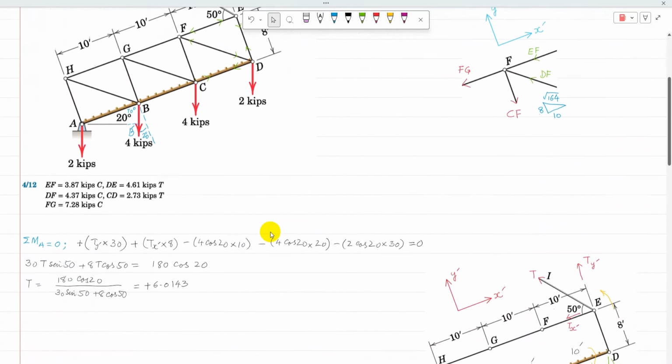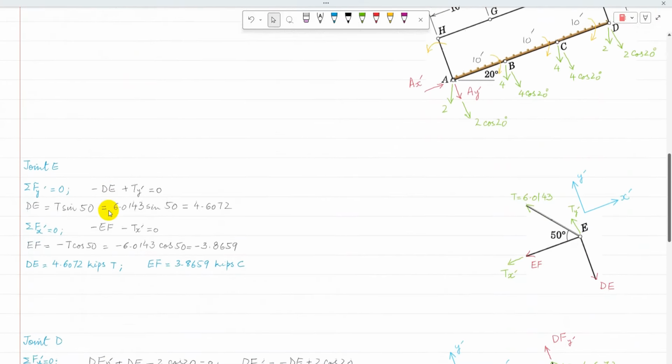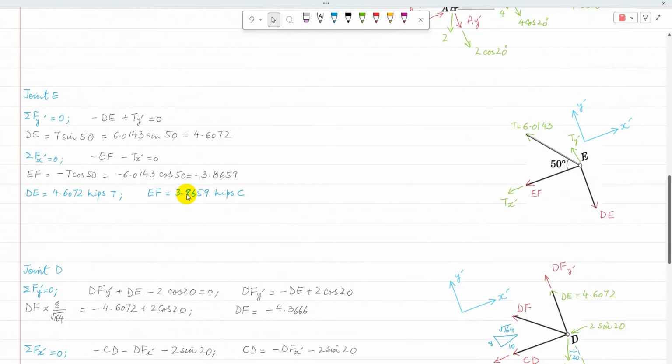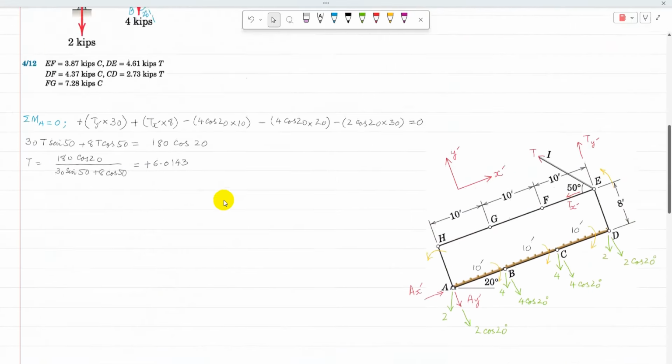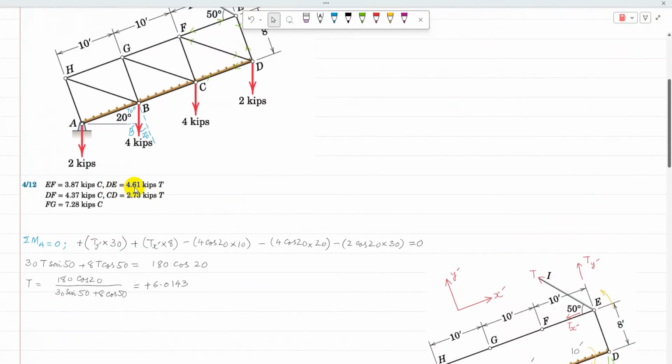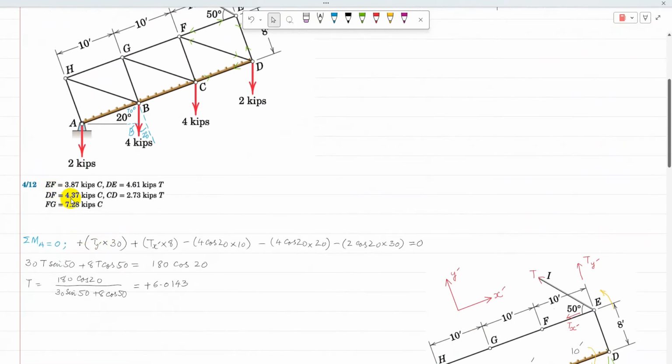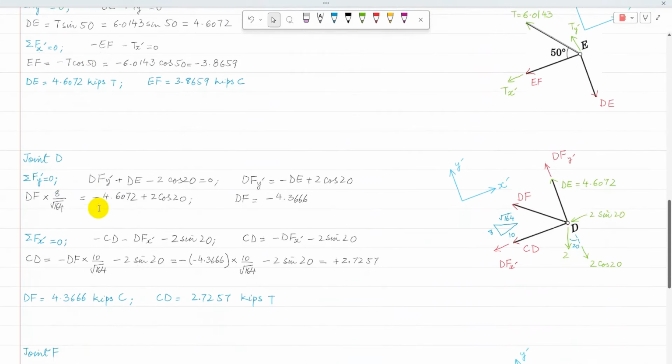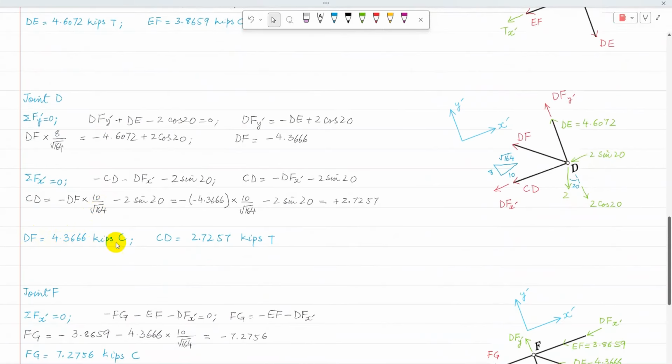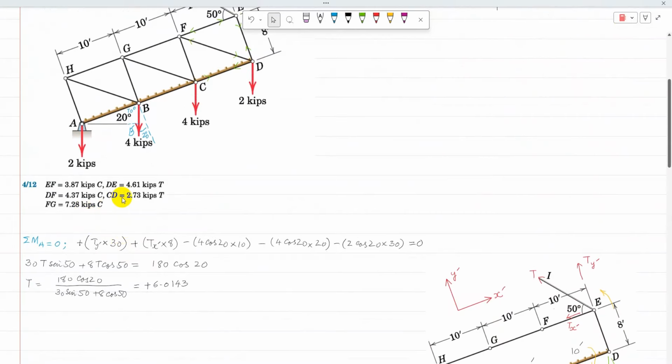Now the answers in the book are: EF is 3.87 compression. DE is 4.61 tension. DF is 4.37 compression.